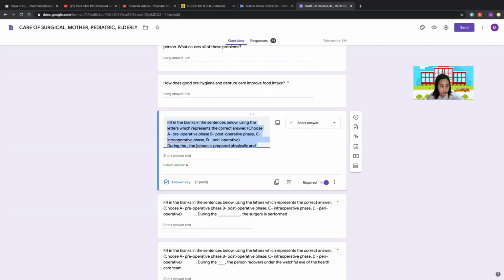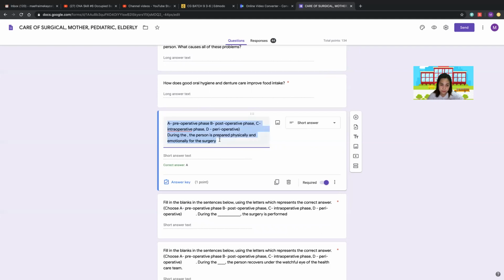Intraoperative are those activities you do during operation, and perioperative are those activities you do for the three phases mentioned above. Then, the instruction is to choose a letter only, not the whole answer. So those who got the correct answer but were marked wrong did not follow the instruction to put only the letter.